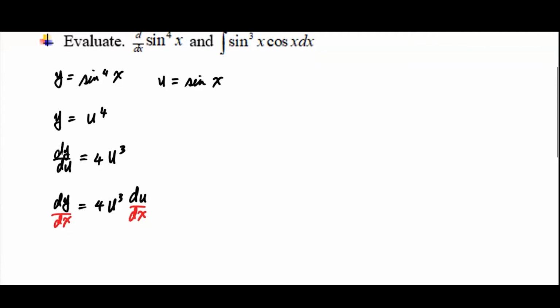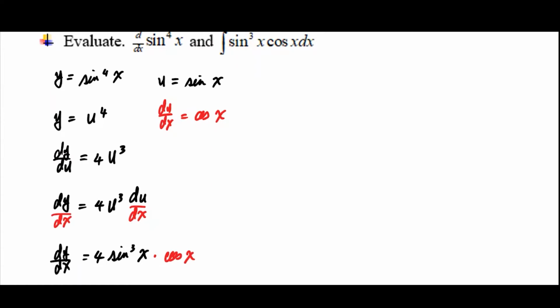So this dy over dx that we want is 4 times u cubed. What was u? u is this thingy, sine of x. So sine cubed of x, and then du over dx. Do we know what du over dx is? Well, we can get it from here. This is cosine of x, and that gets substituted here, right? And this is how we learned how to do chain rule.